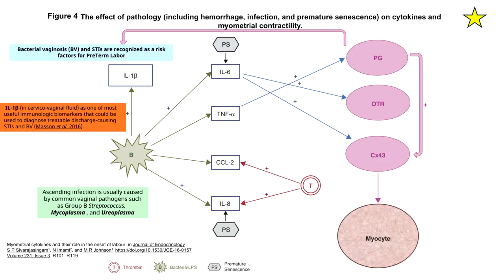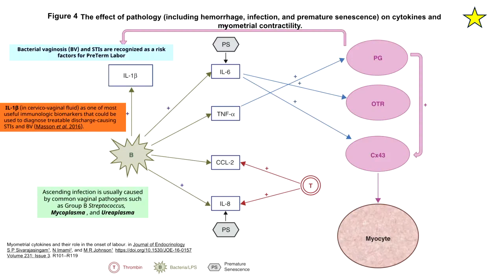So this bacteria is going to elicit an immune response with the elevation of interleukin 1 beta. Interleukin 1 beta is one of the most useful immunological biomarkers that could be used to diagnose treatable discharge that causes sexually transmitted disease or bacterial vaginosis, for example.